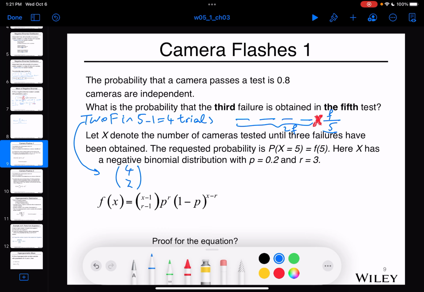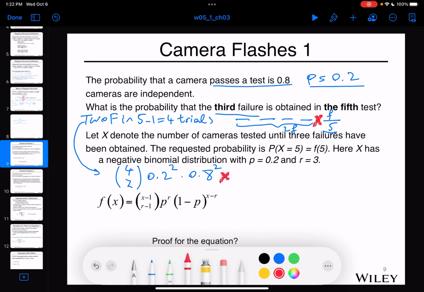So the question says passing a test is 0.8, and it wants failure, right? So probability of success is 1 minus 0.8, right? So P is going to be 0.2, right? So 0.2 to the power 2 times 0.8 to the power 4 minus 2, which is again 2, right? So this is the binomial part.